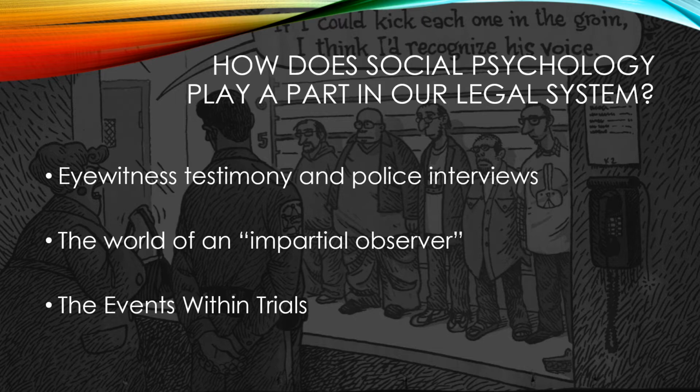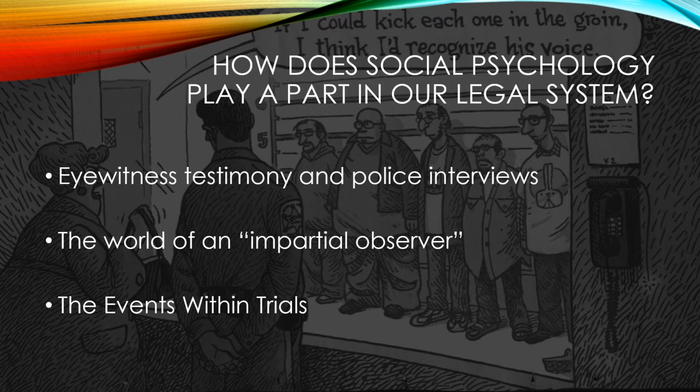Now, since we don't have an infinite amount of time to cover these things, we're going to narrow our focus down to three major areas where we can see some of the different social influences that we've discussed having an impact on the legal system.